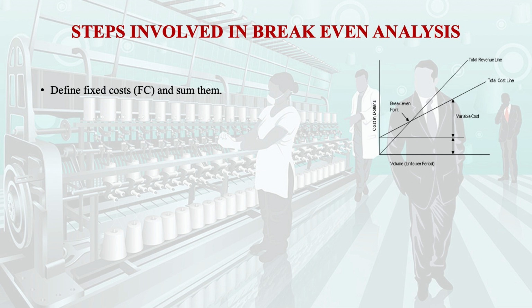The point at which the revenue line intersects the total cost is termed as the break-even point. The areas of the graph enclosed between the two lines below and above the break-even point: below the break-even point is called the loss corridor, and above the break-even point is termed the profit corridor.